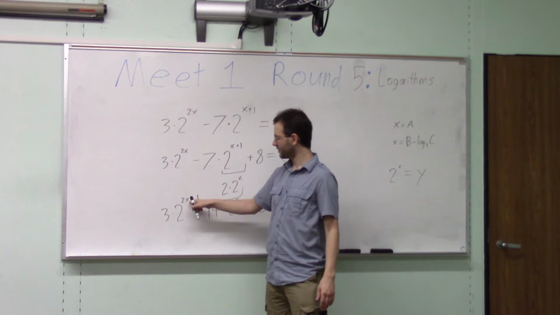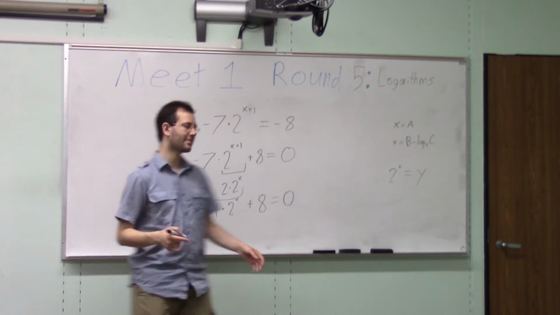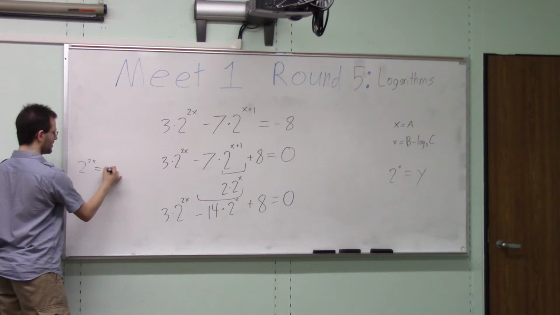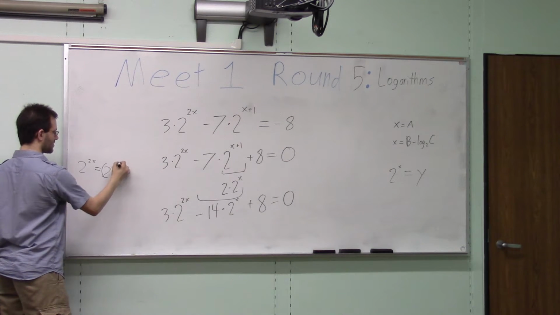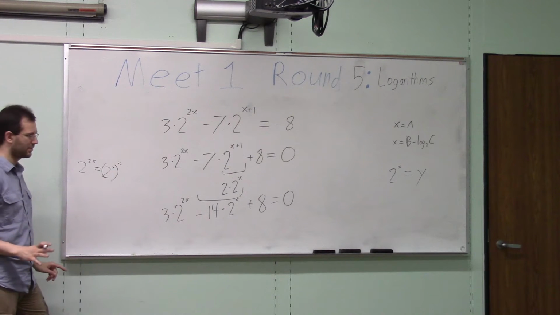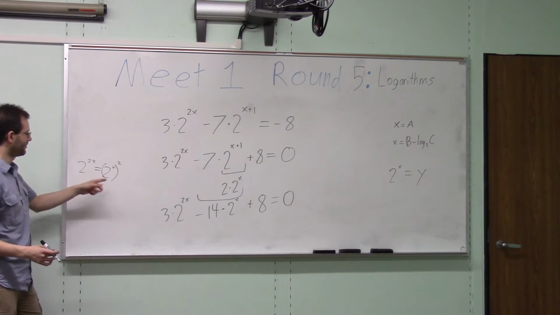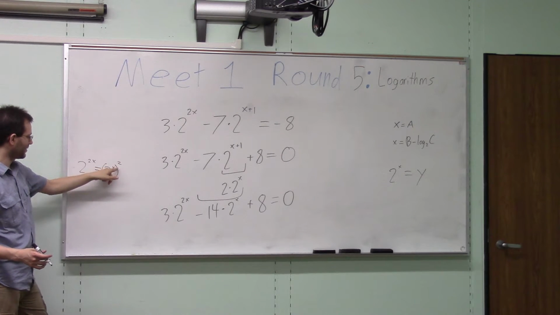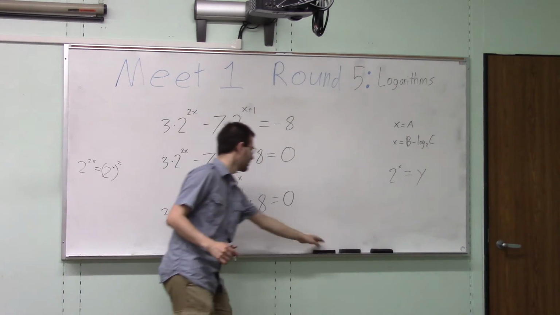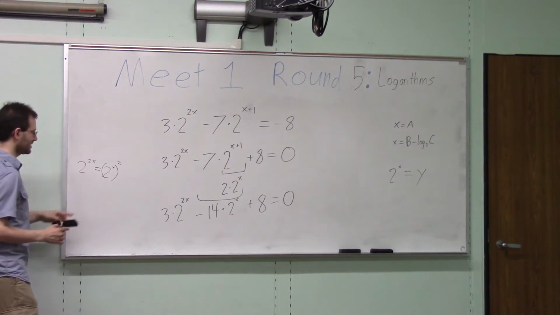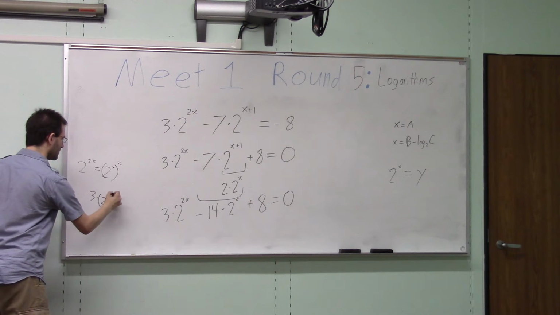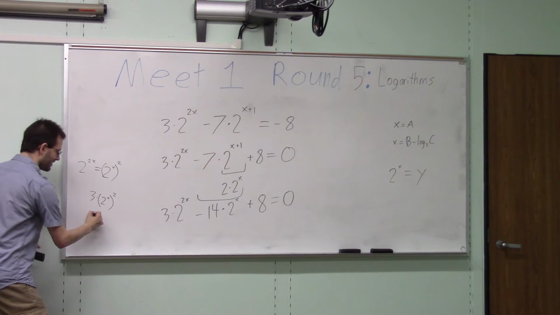But I'm going to use one of the rules of exponents first. 2 to the 2x is the same as 2 to the x squared. I know this because of the rules of exponents, which you learned in Algebra 1, I think, or Math Exploration, or whatever. You would multiply those exponents and get 2x, right? So I'm going to replace this first with this, and then, since 2 to the x is y, with this.